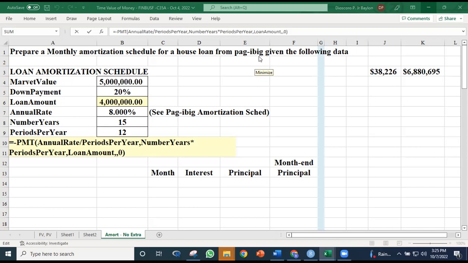It's the number of years multiplied by the periods per year. So the rate decreases, it's prorated by the number of periods. And the number of periods, on the other hand, increases.